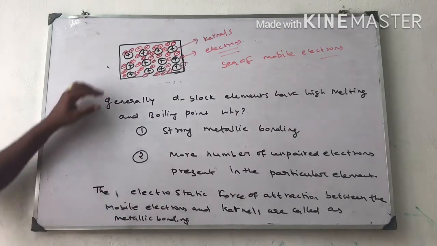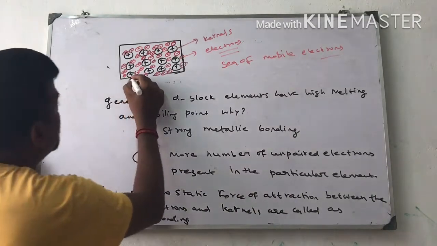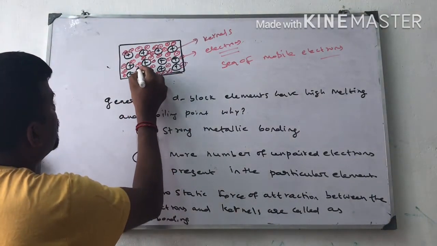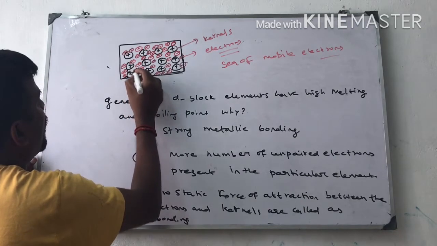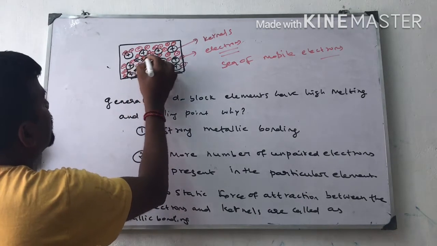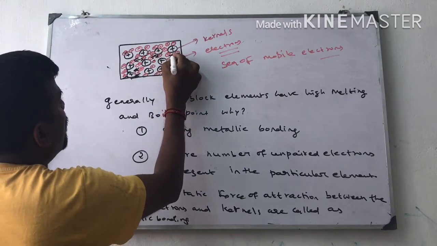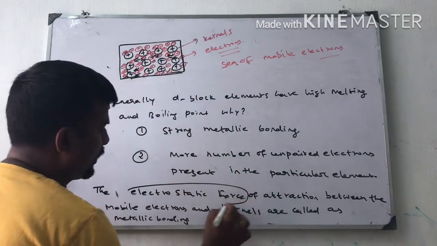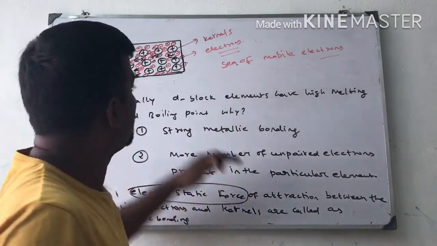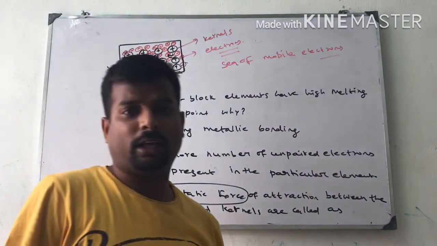I will tell you again. This is one kernel. It is attracted by electrons on the side, and here also there is attraction. This type of attraction, the electrostatic force of attraction, positive-negative attraction inside the metal, is called a metallic bond.